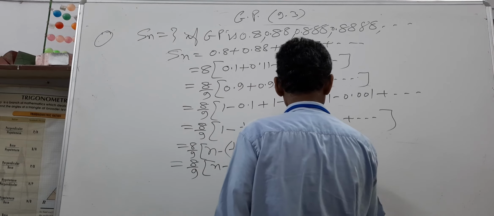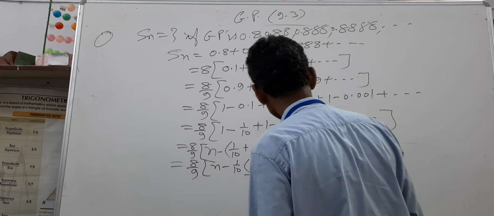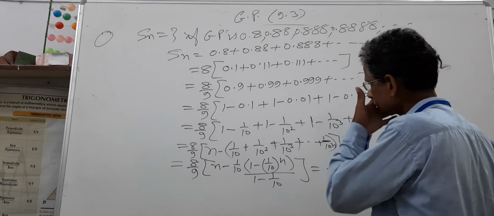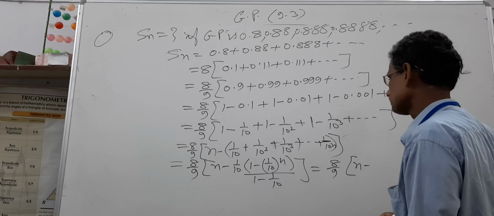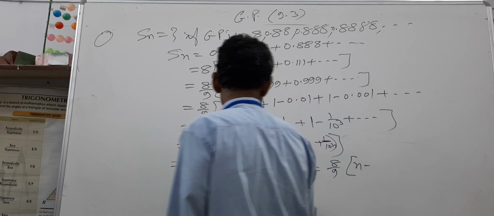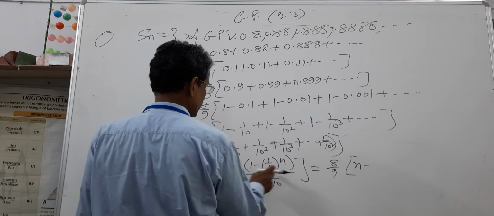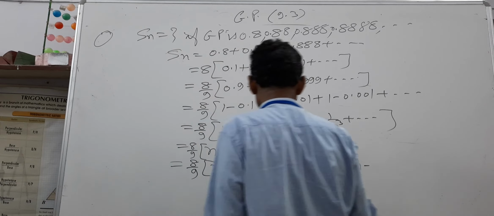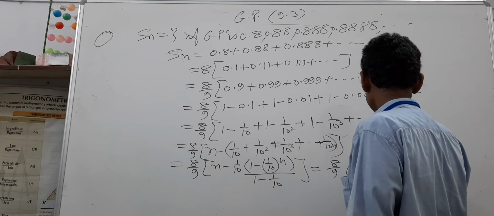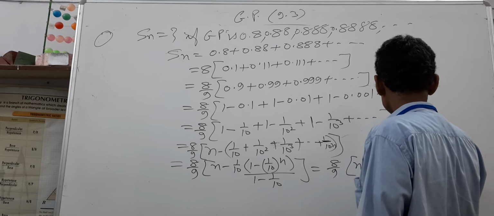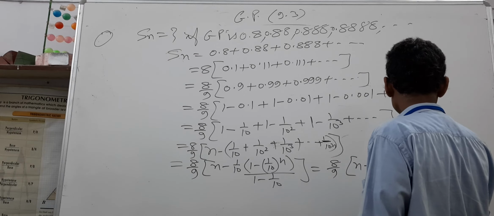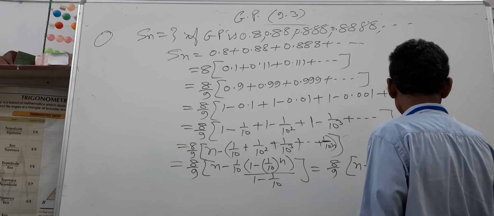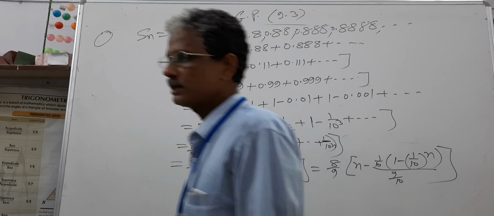This is equal to 8 by 9 into [n minus (1 by 10 into (1 minus 1 upon 10 power n)) upon (9 by 10)], since 1 minus 1 by 10 is 9 by 10. Simplify this, you will get the answer.